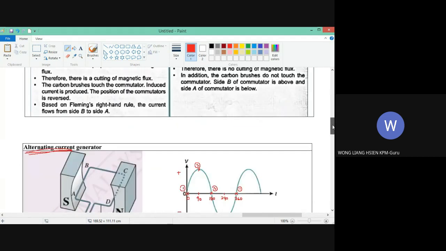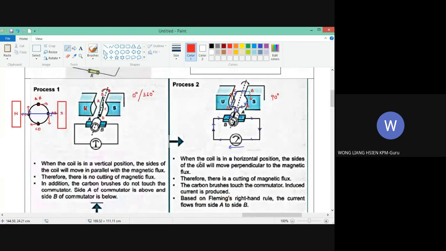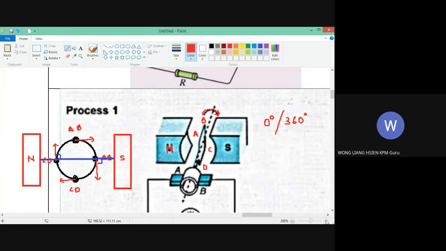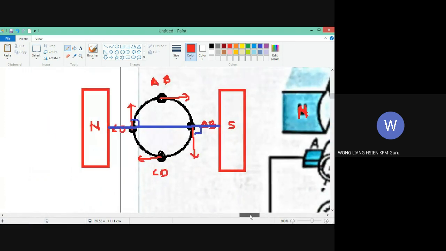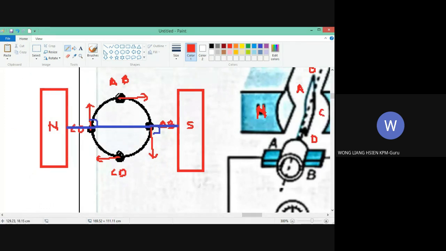The reason is the angle of the cutting. You see here. Just now we said that when it moves in this direction, the direction of motion is parallel with the magnetic flux.